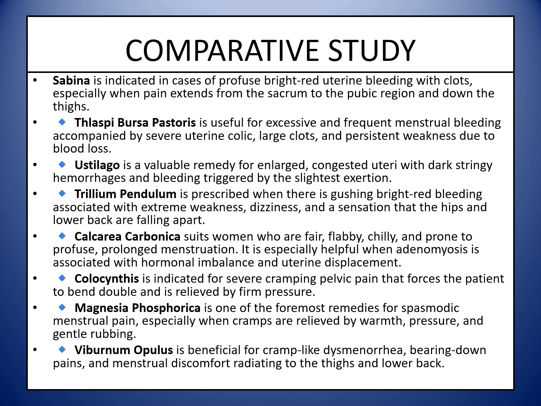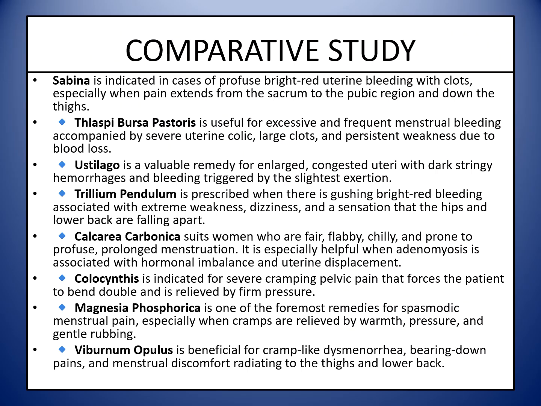Calcarea carb suits women who are fat, fair, flabby, chilly, prone to profuse prolonged menstruation. During menstruation, the patient has cold feet and is aggravated by the slightest physical or mental exertion. It is especially useful when adenomyosis is associated with hormonal imbalance and uterine displacement.